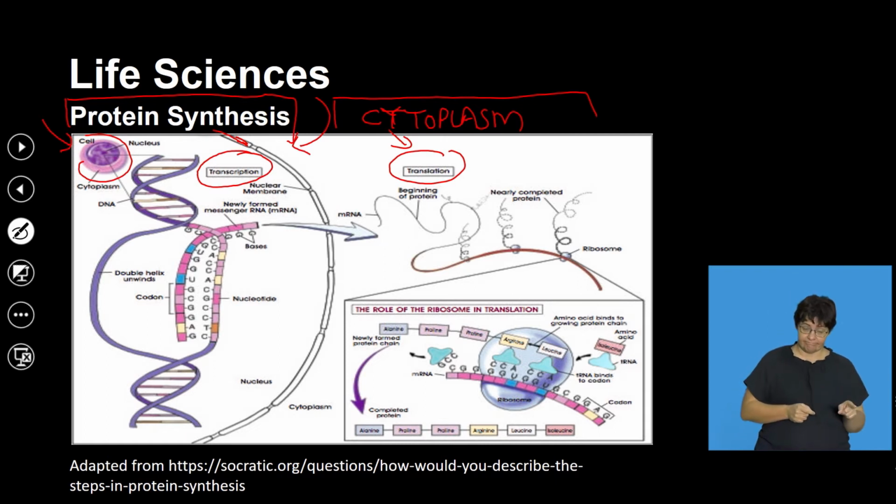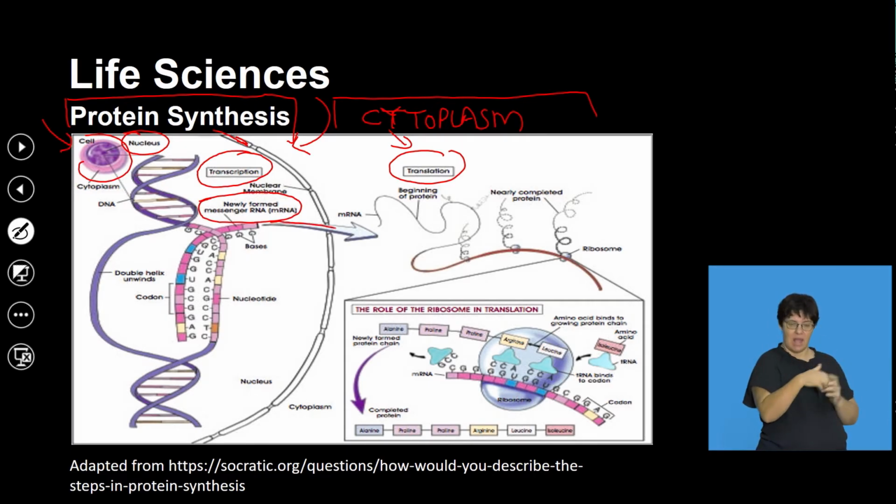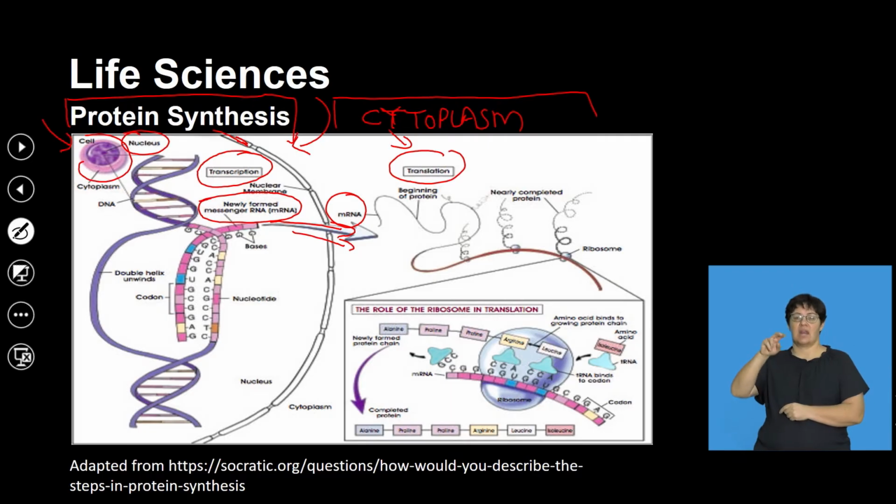Let's understand each one of these in further detail. Transcription occurs in the nucleus, and it involves the production of an mRNA molecule. As you would see in this process, a newly formed mRNA molecule is produced that leaves the nucleus. mRNA stands for messenger RNA, and its production is to carry a specific message to the protein synthesizing factory, which is found in the cytoplasm.